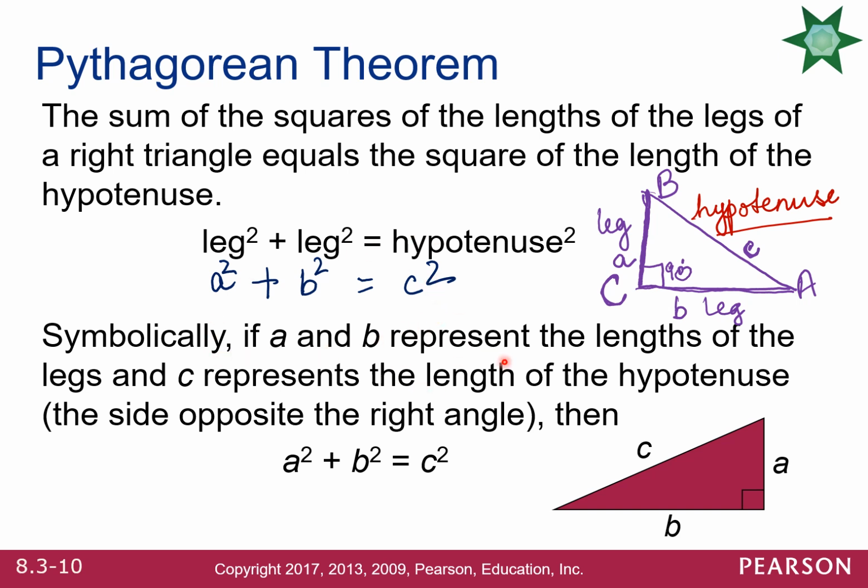Symbolically, if A and B represent the lengths of the legs, which we already marked as A and B, and C represents the length of the hypotenuse, the side opposite the right angle, then the Pythagorean theorem says A squared plus B squared will be equal to C squared.